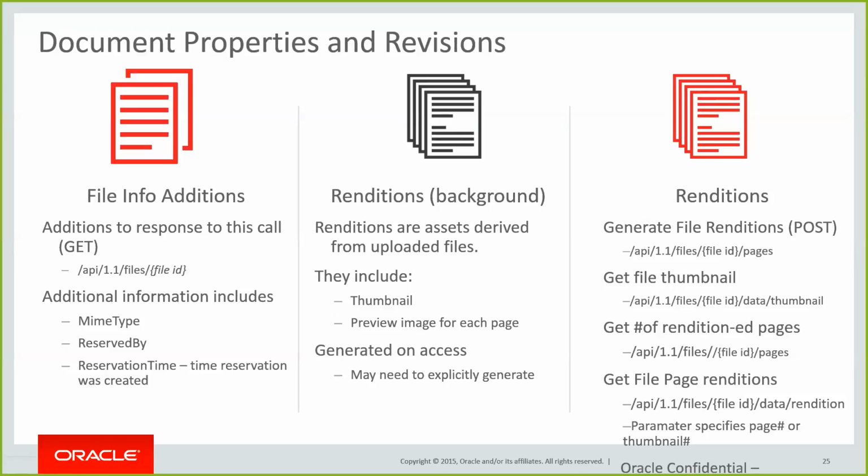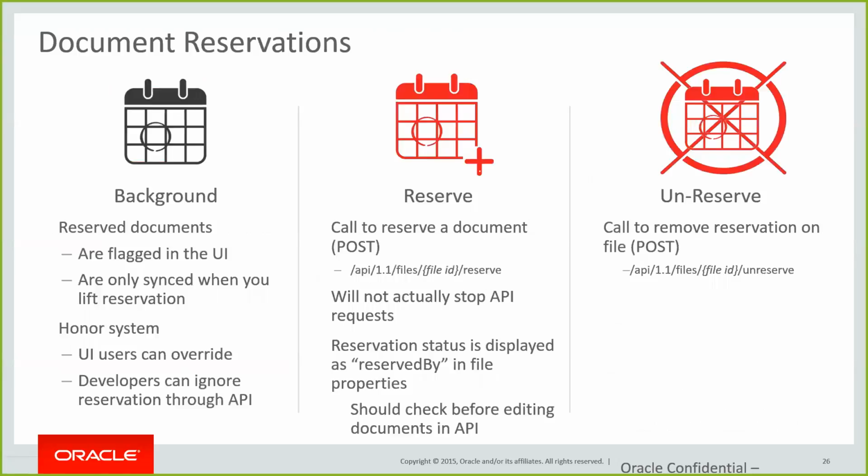And we can control how many pages we want to generate. So for a long document, we can choose to generate renditions only for the first pages, or other information. We have the possibility to set different parameters to control the rendition in the request, or as URL parameters for the REST call. So rendition is a new feature available in the development platform.